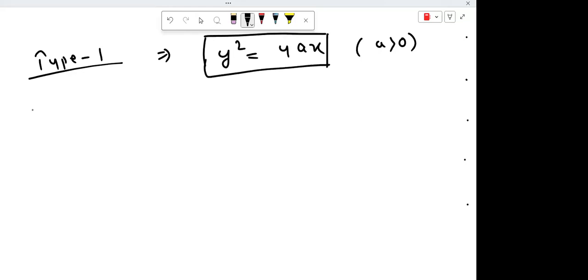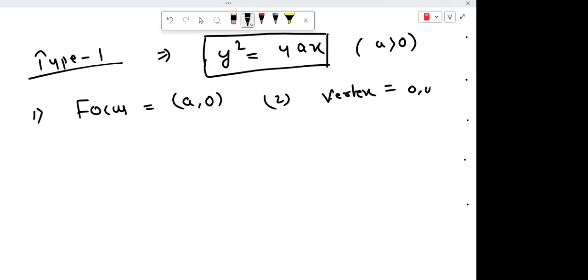If the equation looks like this, then focus would be (a, 0). Vertex would be (0, 0).